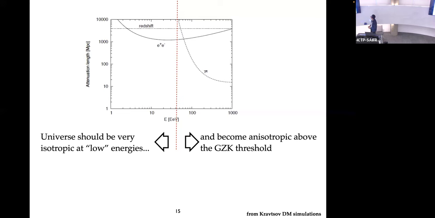Because before, in this slide there were two maps showing dark matter simulations, integrated up to different maximum redshifts, just to show that at low energies there would be a sky map where you would integrate Kravtsov's simulations up to gigaparsec distances. You would see a very smooth map, a very isotropic map. And if you do the same above the cutoff, you will see structures. Okay. Sorry, so this was a typo.